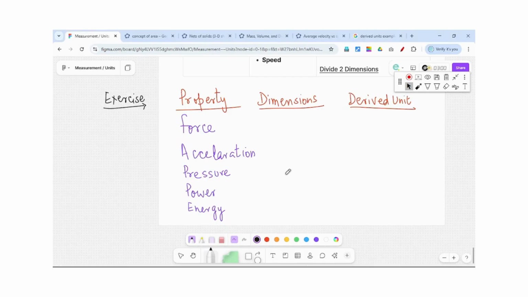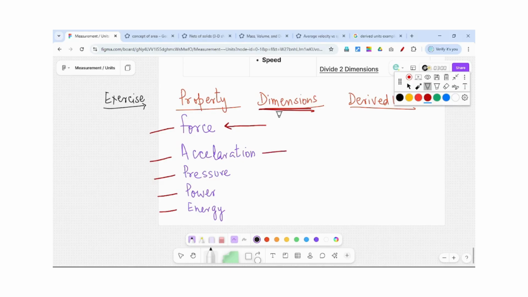Now, as an exercise, you think about these properties: force, acceleration, pressure, power, energy, and think in terms of dimensions. So what dimensions and relationship between dimensions, whether you're multiplying 2 or 3 dimensions or dividing, so as to define this property.